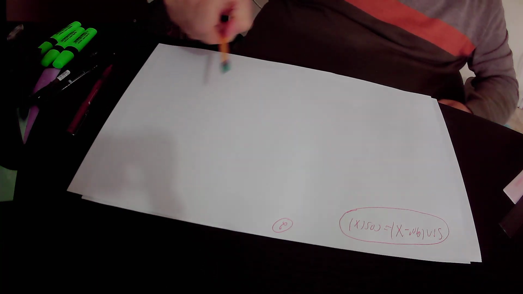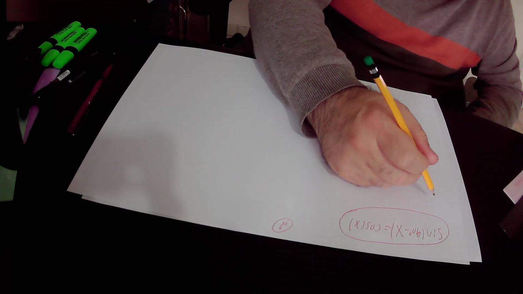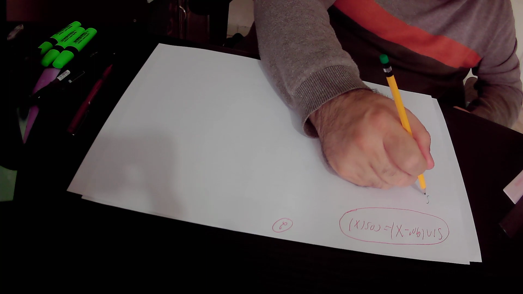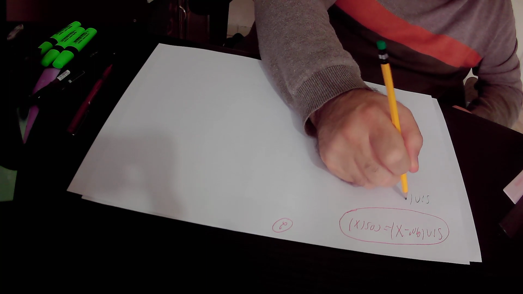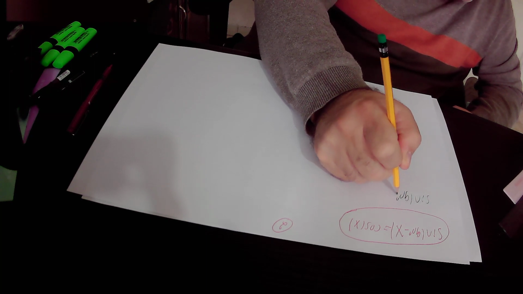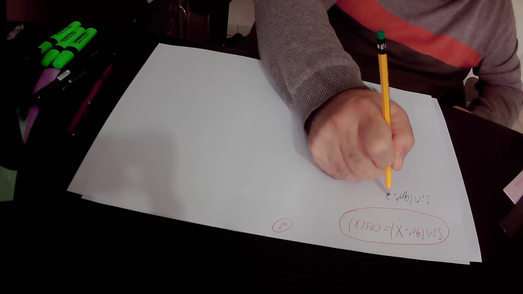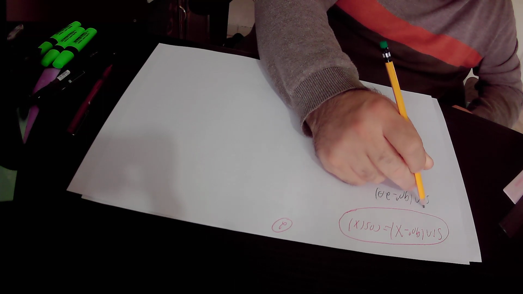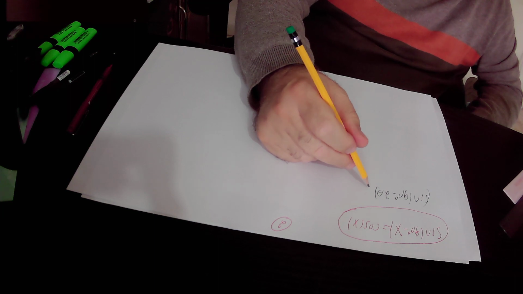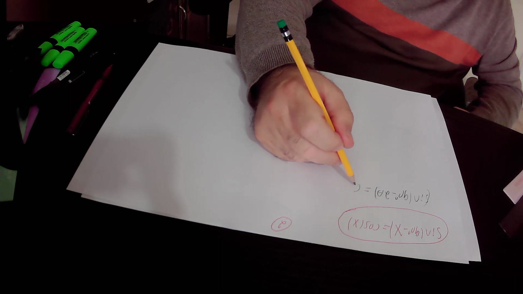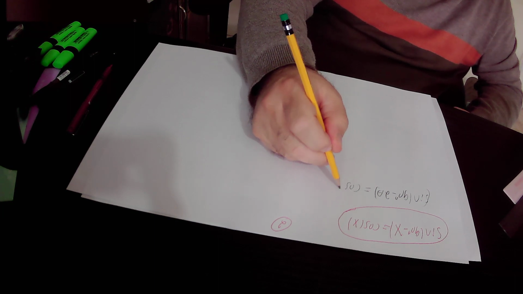We will get that the expression sine of 90 degrees minus 2 theta, according to this trigonometric identity, will be equal to cosine 2 theta.